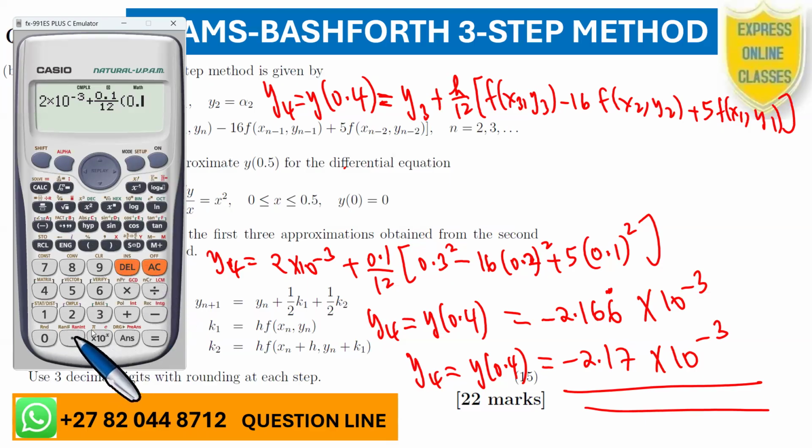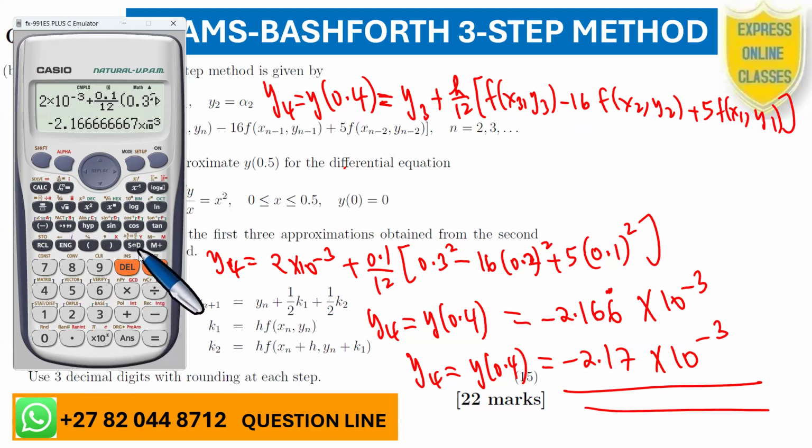So it's going to be 0.3 for the x3, 0.3 squared, minus 16 times 0.2, you square it, plus 5 times 0.1, you square it, then you close.